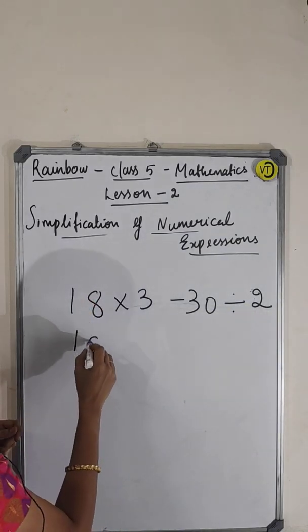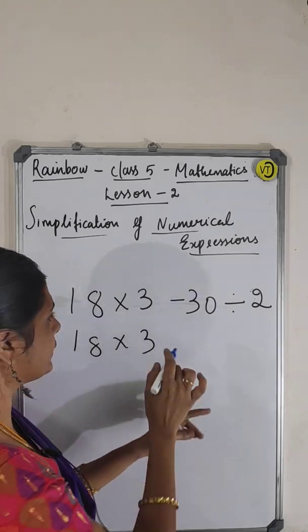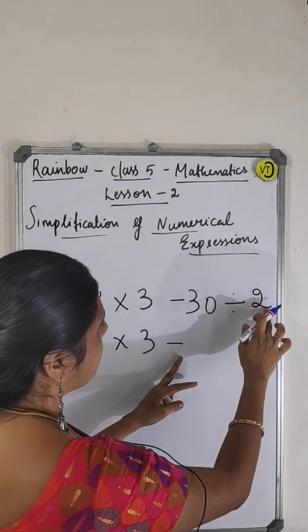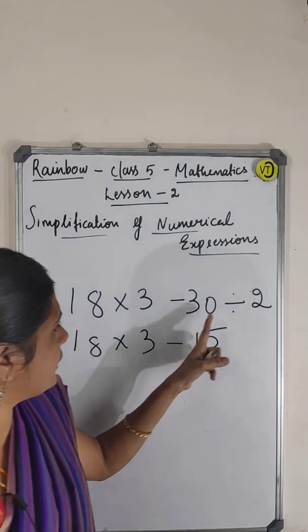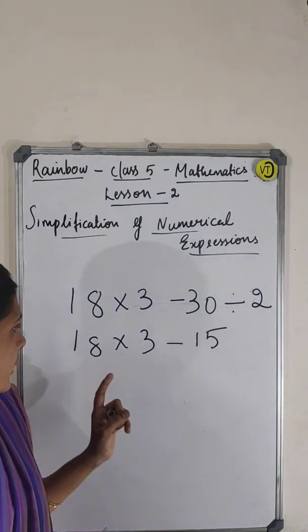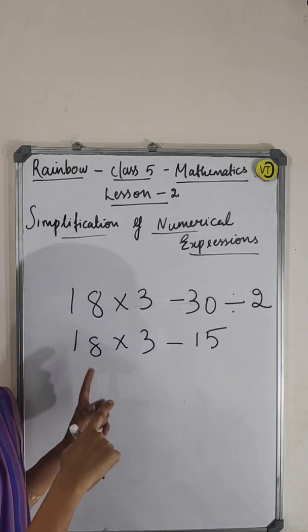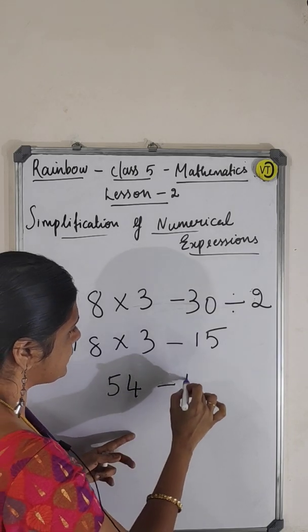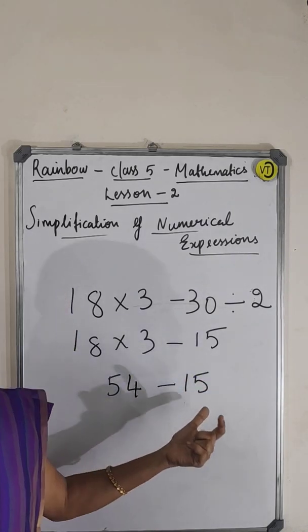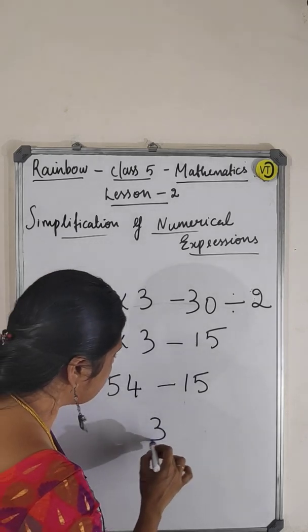The remaining things you just write as they are. Don't do anything to them. 30 divided by 2 is 15. Am I right? 30 by 2 is 15. Then you come to multiplication. 18 into 3 is 54. 54 minus 15. The last one is subtraction. 54 minus 15 is 39.